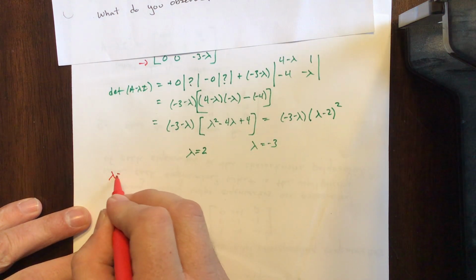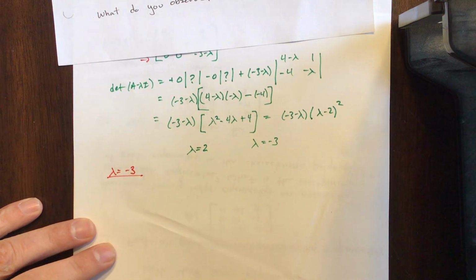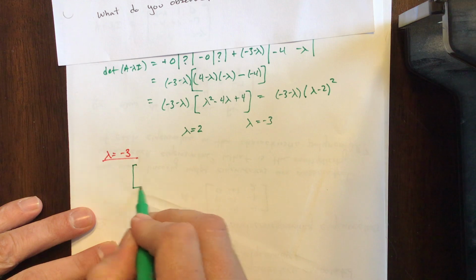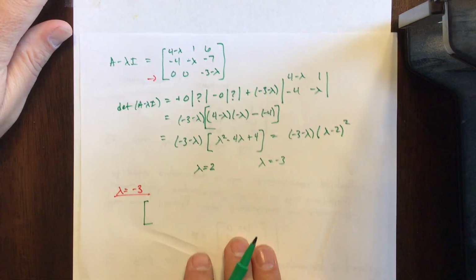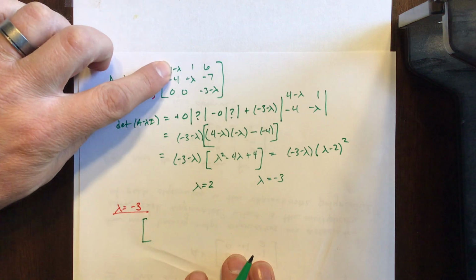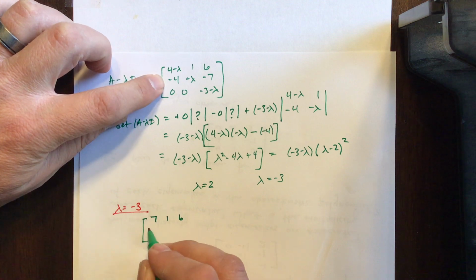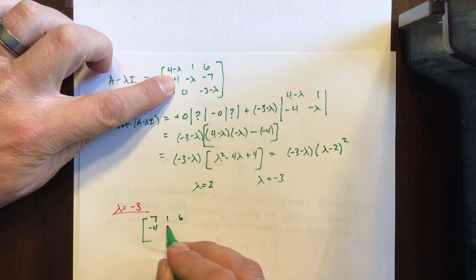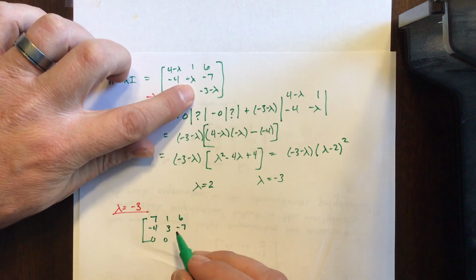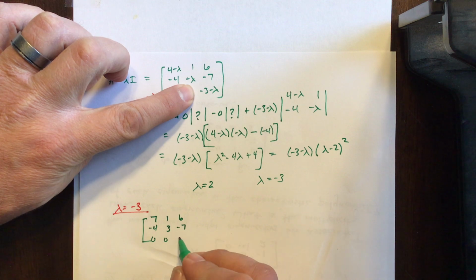So for lambda equals -3, 4 minus a -3, that's 7, 1, 6, -4, 3, -7, 0, 0, -3 minus a -3. So that's -3 plus 3, that's 0.